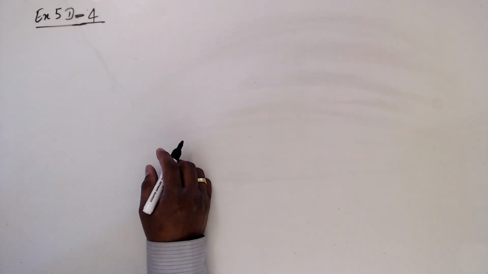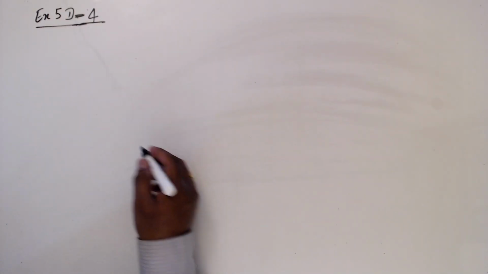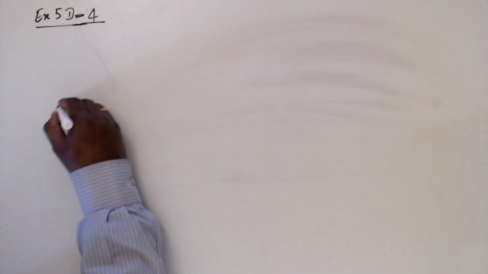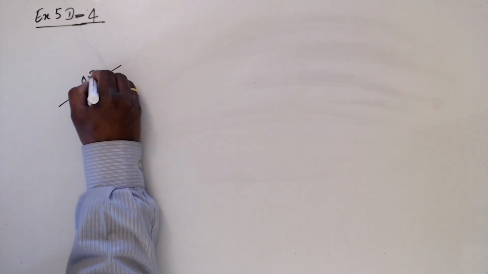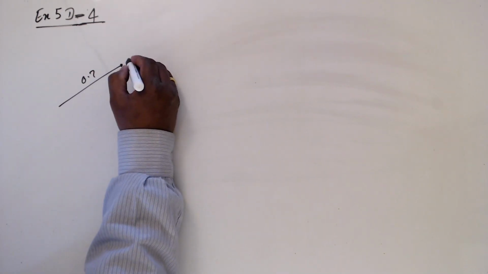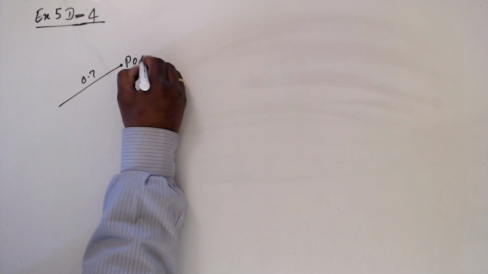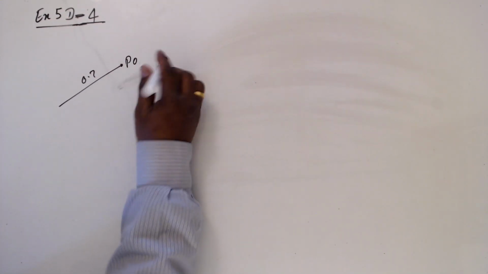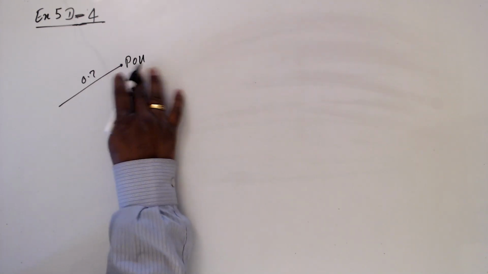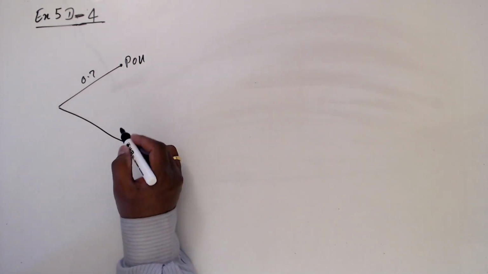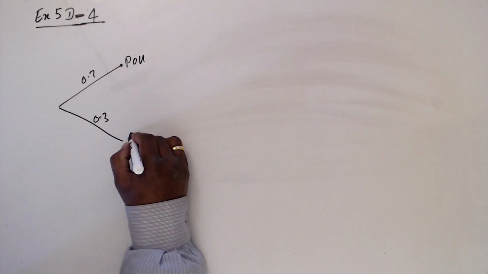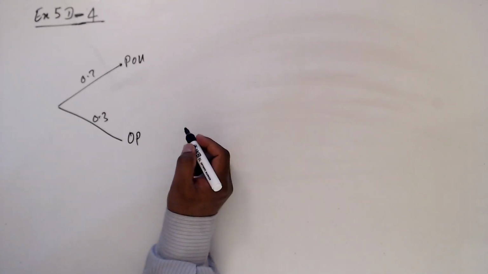Question number 4. The Dixons play golf. The probability that they score par or under on the first hole is 0.7, and it means 0.3 over par.